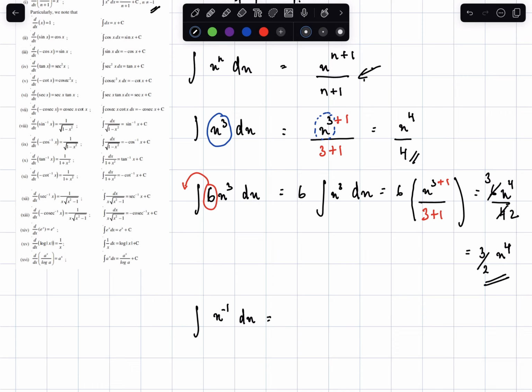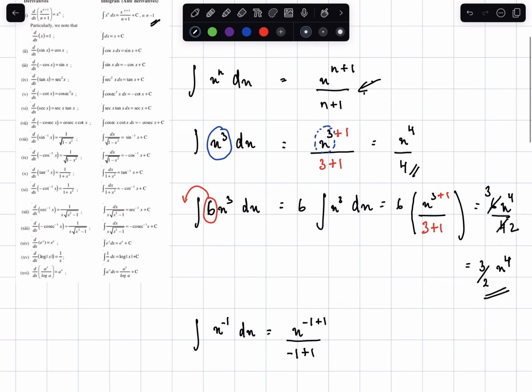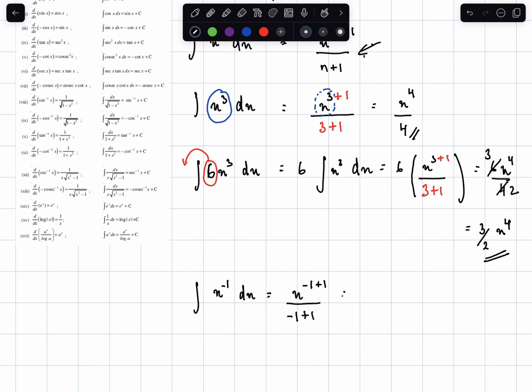We add 1 to the power, as we all know. x raised to -1 plus 1 divided by -1 plus 1. Well, this is interesting. The denominator is 0.